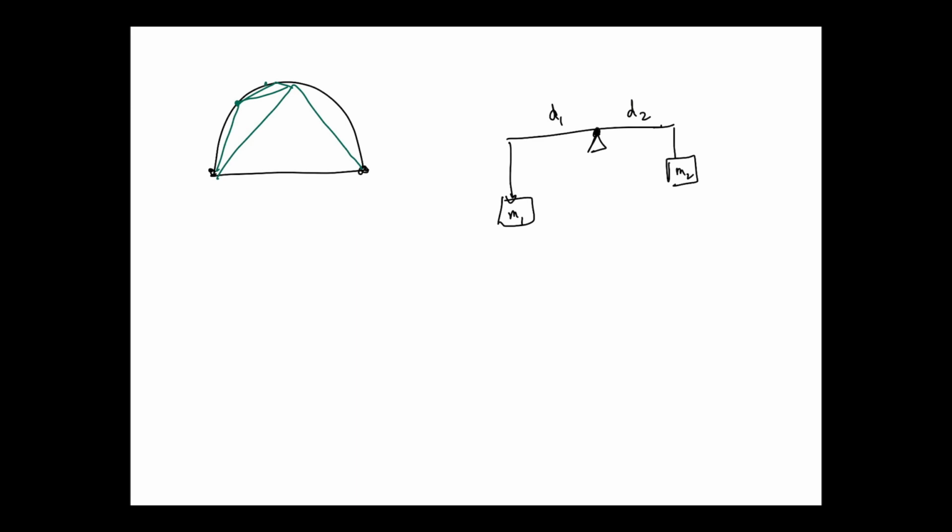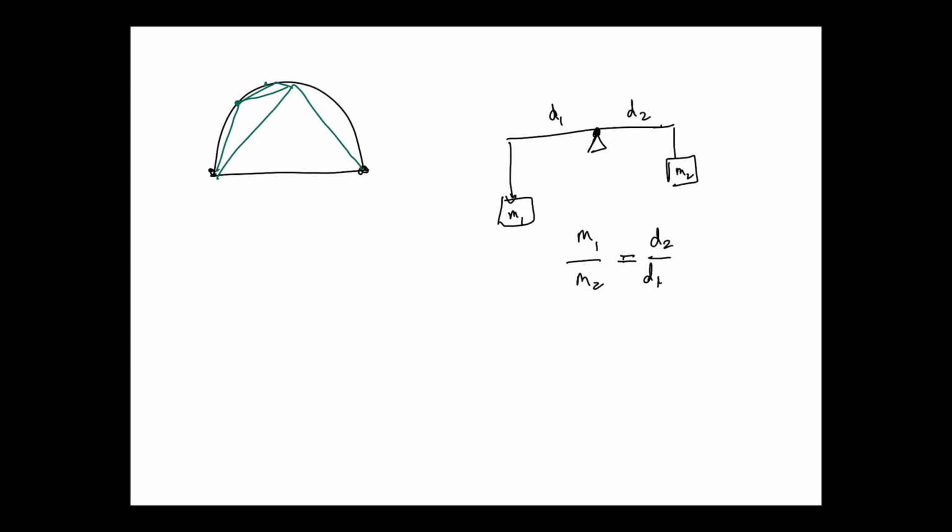You guys happen to know from physics? No? That's one way to say it. Here's another way to say it. The ratio of the distances is inverse to the ratio of the masses.